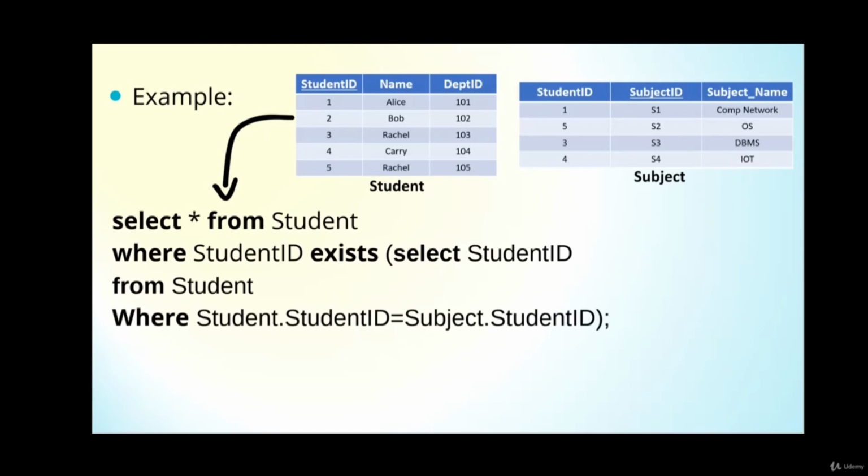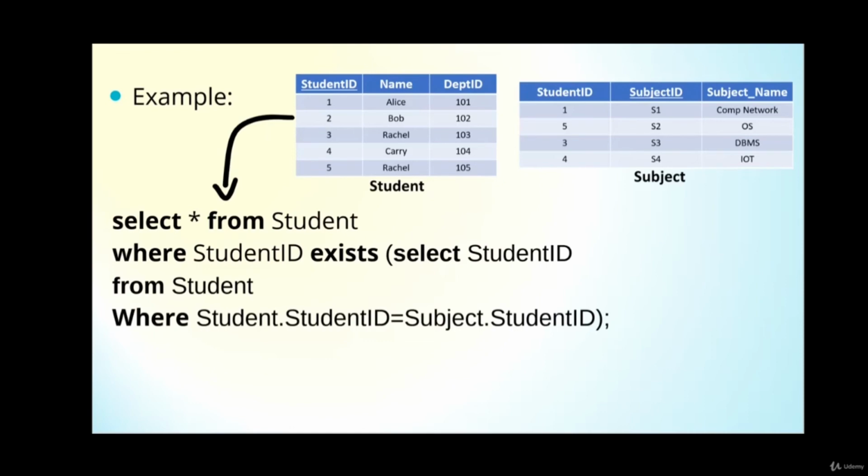So in simpler words, it will check if student.studentID is equal to subject.studentID. If it is true, then the inner query will return a boolean value true, which means there exists a value where student.studentID is equal to subject.studentID. There exists a value, so you can print the details of that student.